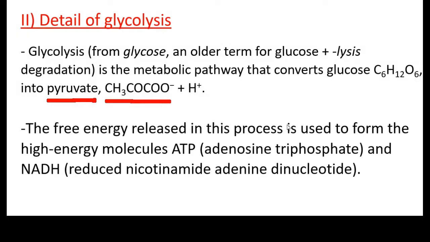Second thing, the process is going to release energy under two forms. We've got two molecules. We have ATP, you know this one quite well now. We saw previously in the videos on photosynthesis that ATP is commonly produced and used in plants. And we've got NADH. You might be thinking, oh, this looks a bit like NADPH.